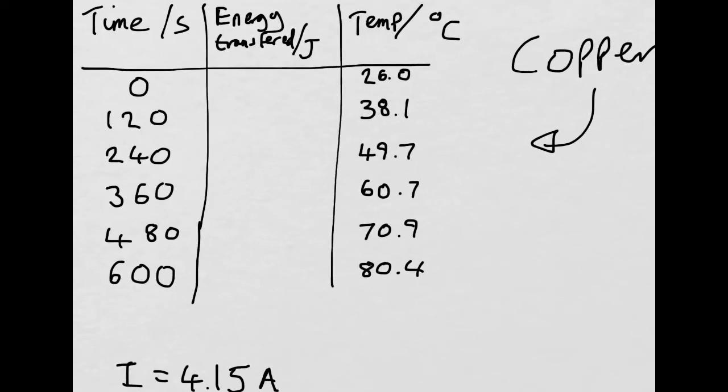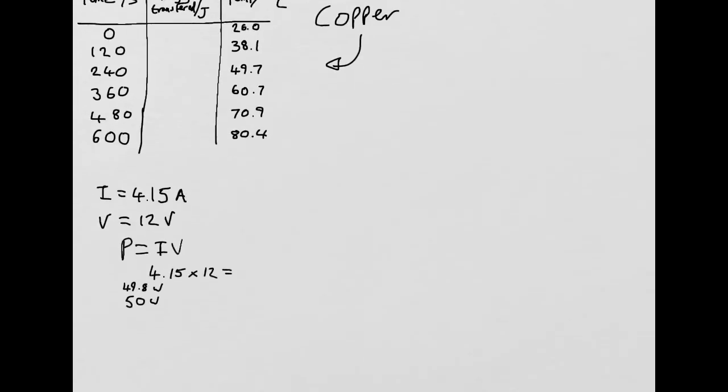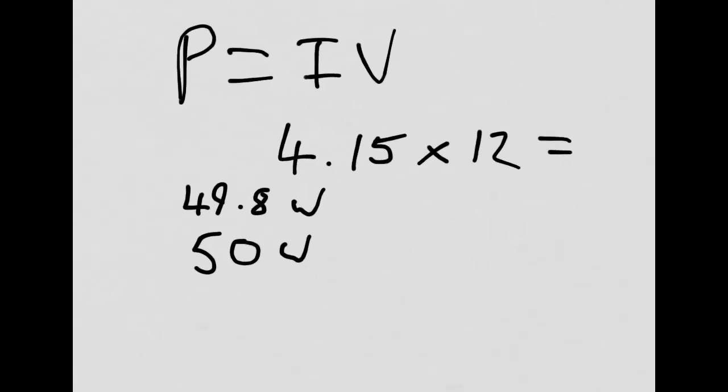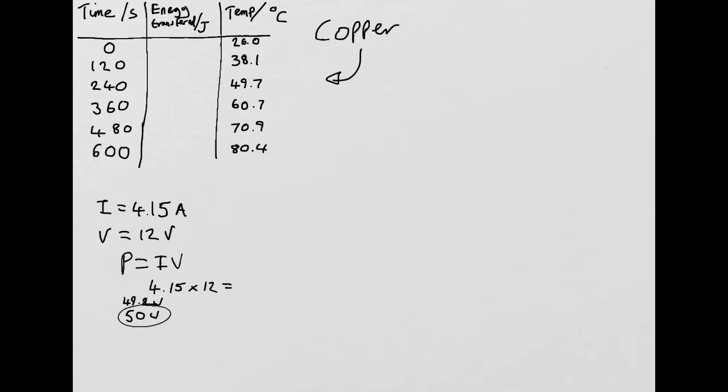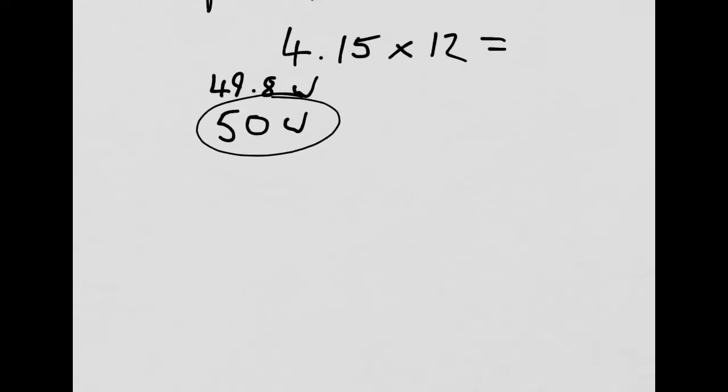Now, energy transferred then. So we've got the power, which we've got as 50 watts. Now we need to figure out the energy transferred. Well, what do we have? We've got time and we've got temperature. Temperature is not going to tell us anything about energy, but we have power and we have time. So if you remember this equation, power more generally is equal to the amount of energy that you transfer into something, or the amount of work you do, divided by time.